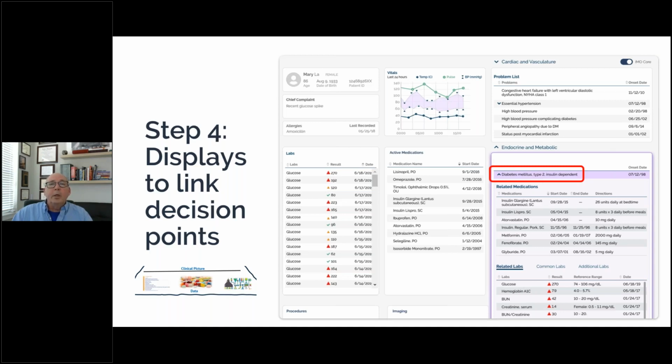And then, oh, by the way, can you go into the labs and cull out the labs for me and tell me if this patient has had any labs that are particularly germane to diabetes, their glucose perhaps, their hemoglobin A1C, and so on. And then bring all that forward to me in a single visual package so that I can rapidly process just from the problem list as my center point of care, all the things that I need to know about that particular patient.